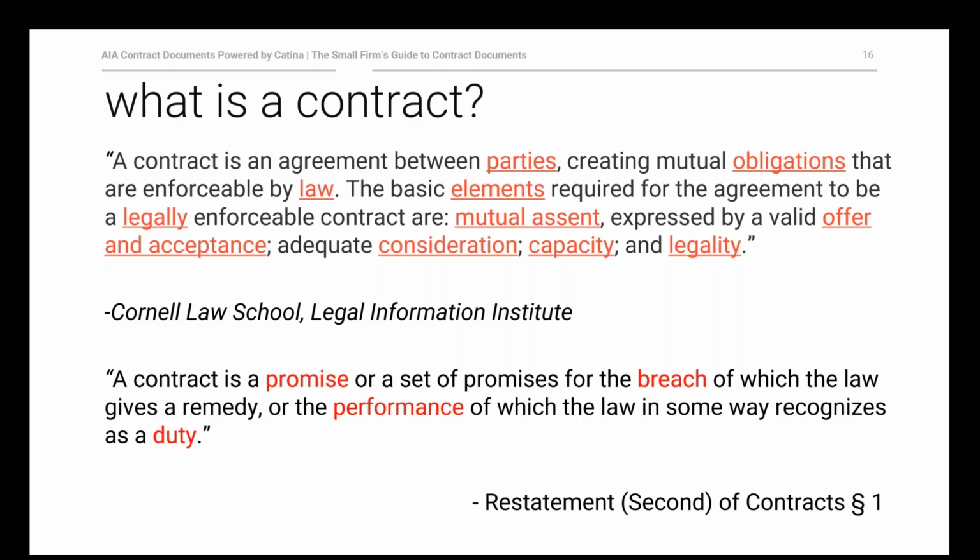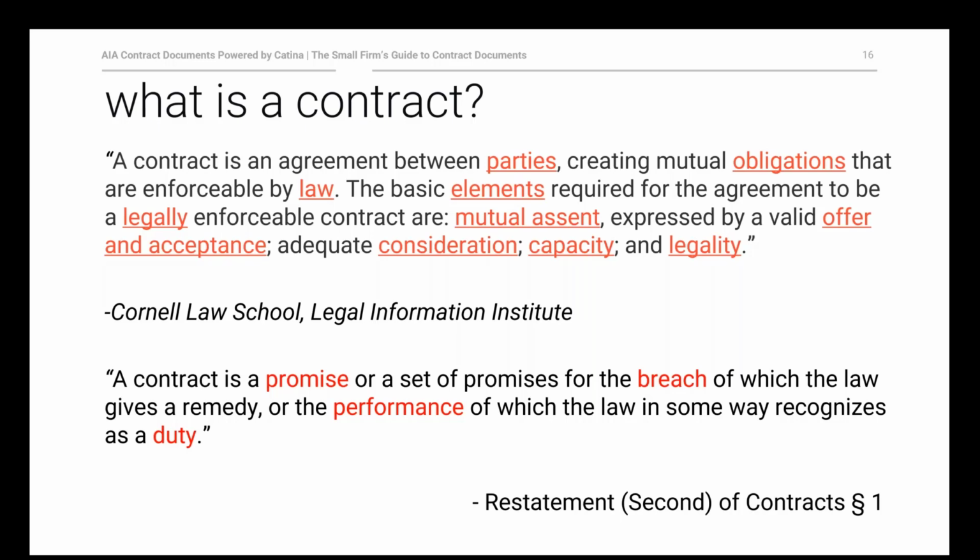There will, of course, be a memorialization of the consideration. What might the architect be paid for those services? And of course, there'll be a look into whether or not the parties signing the contract actually have the capacity to make the contract bind each other, so on and so forth.